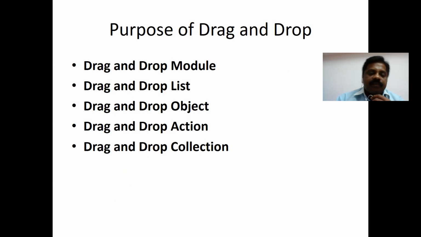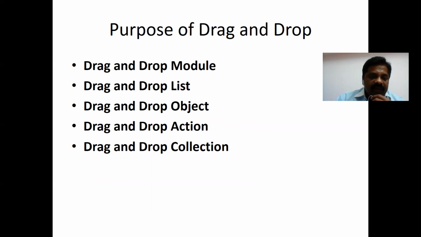Purpose of drag and drop: drag and drop module, drag and drop list, drag and drop object, drag and drop action, drag and drop collection. So these are all the purposes of drag and drop. The first is the drag and drop module. If you want to drag one object from one place to another place, we go with this.